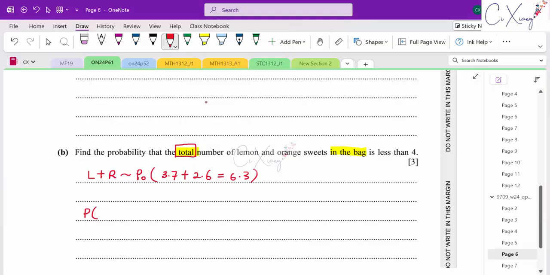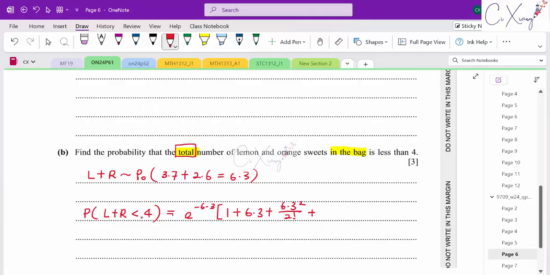And for this question, they are interested in the total sweets less than 4. Less than 4 means you can start from x equals 0, 1, 2, and 3, because 4 is not included in this question. So start with e to the negative lambda. When x equals 0, you have e to the negative lambda with a 1 always. When x equals 1, it will always be lambda. When x equals 2, it will have lambda squared divided by 2 factorial.